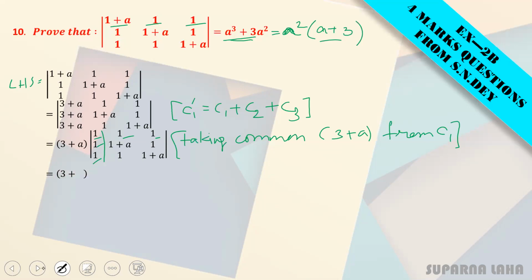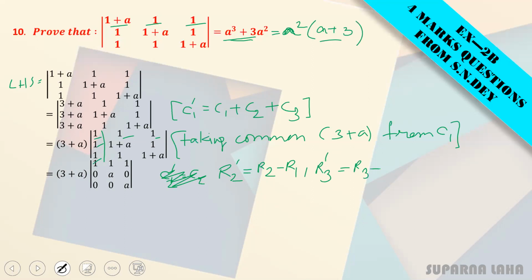Here I am taking this column operation, that is column 2 dash is given by C2, in the column, so that means R2 dash is given by R2 minus R1 and R3 dash is given by R3 minus R1.